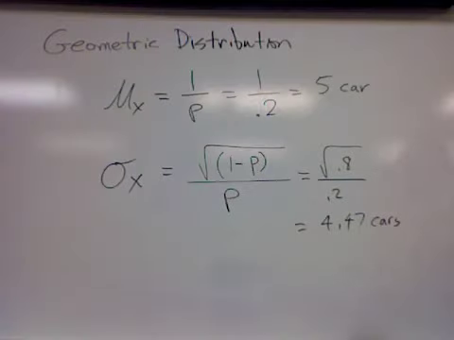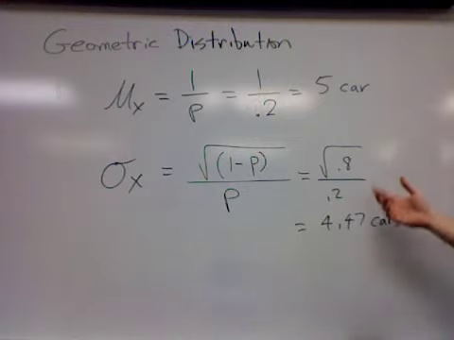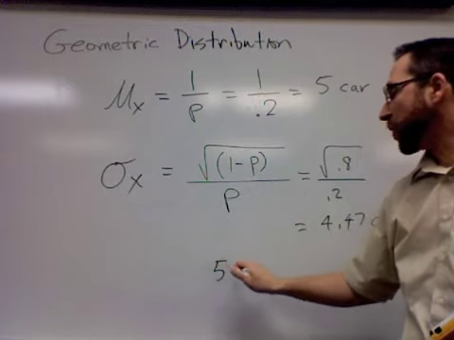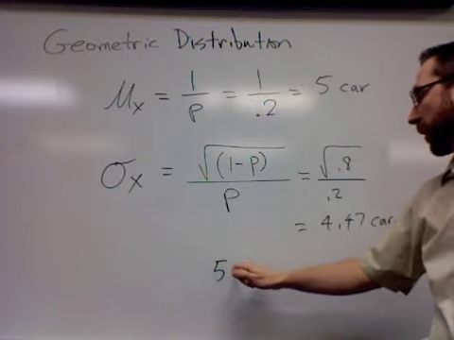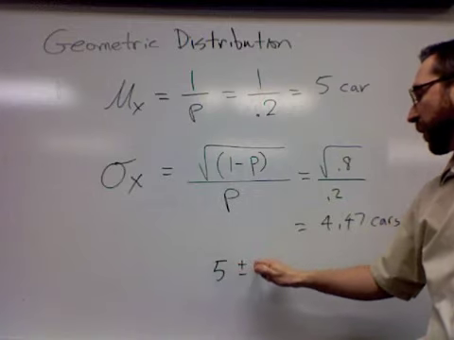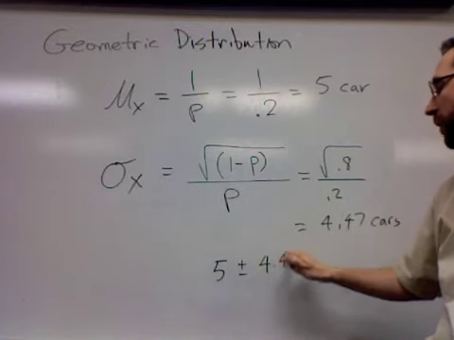Now, in terms of using the mean and the standard deviation together to explain the situation, you may use it in this kind of thinking that, most typically the first car that you'll see that's speeding is somewhere between this range right here.